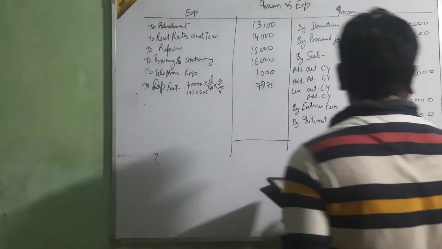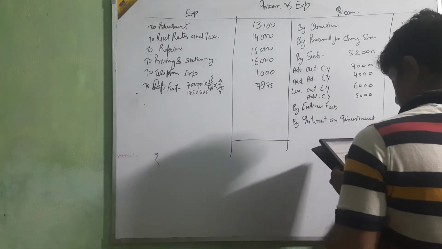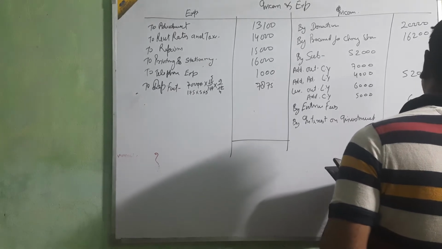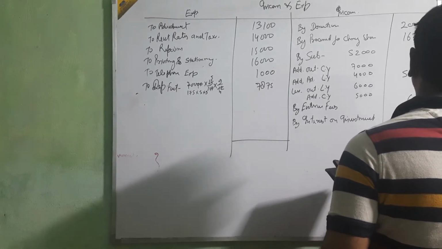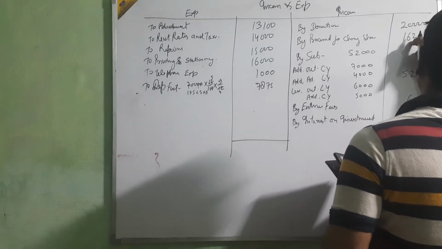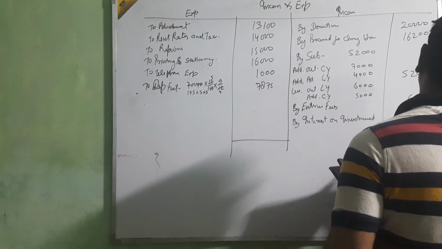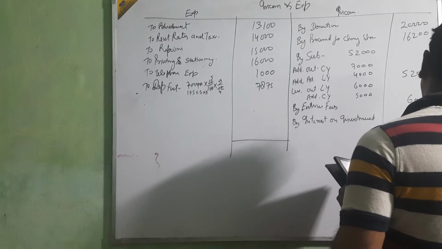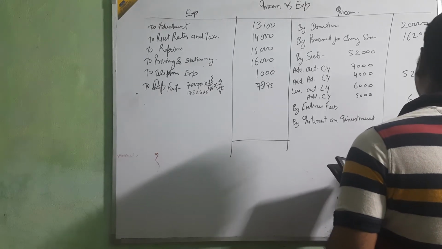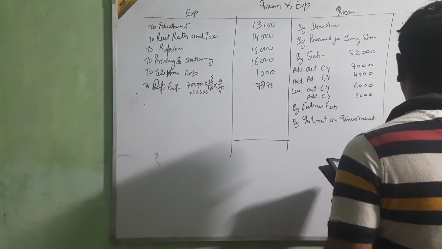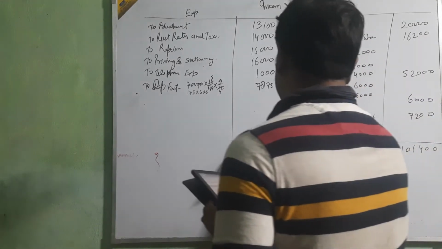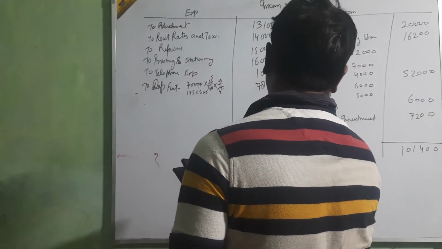Start totaling. This side, 4, 6 to 8, 6, 14, 7, 1, 2, 5, 5, 10. 101,400.